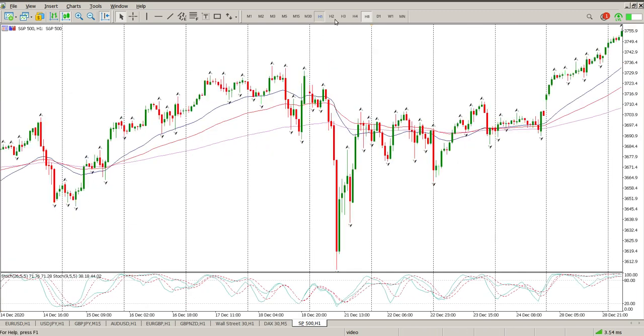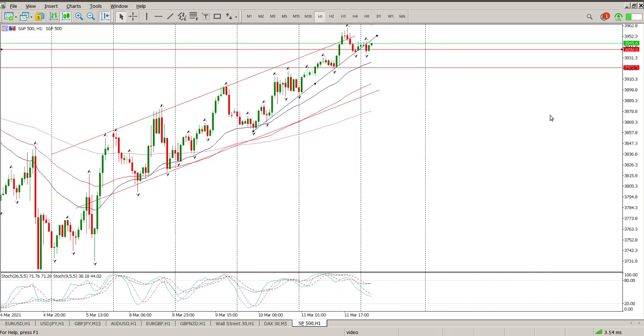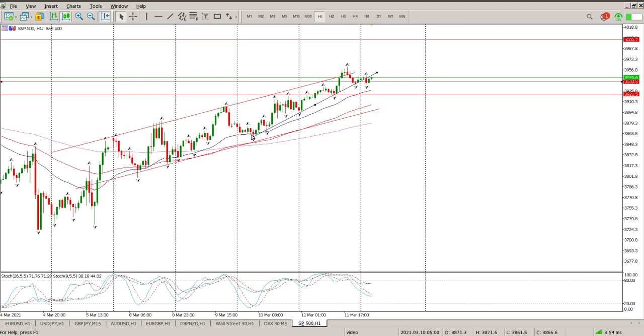Now, the problem with that is that the bears know that, and they also know that there's accumulation of stops, depending on the trader, behind or just below every one of these swing lows. In their view, all they need to do is get price to break through one of those structures in order to trigger stop losses, which is then going to move it to the downside.